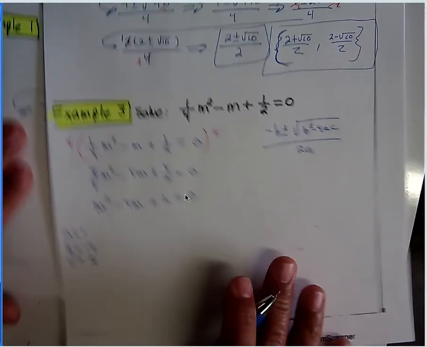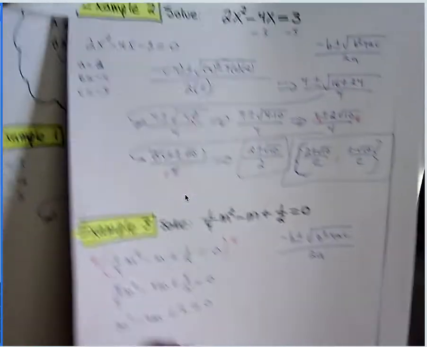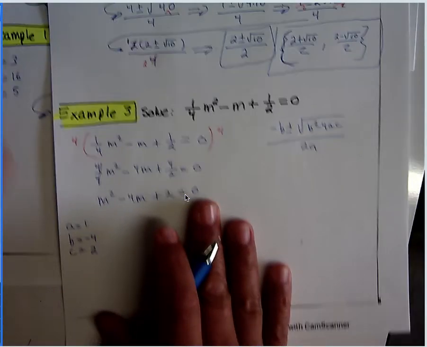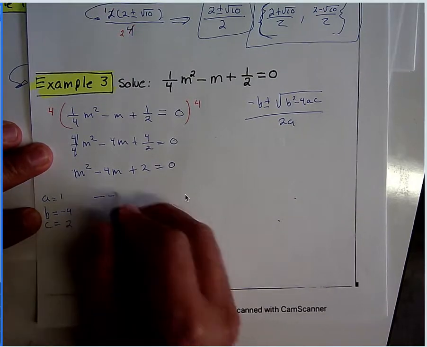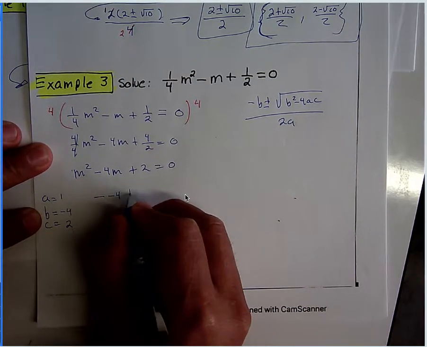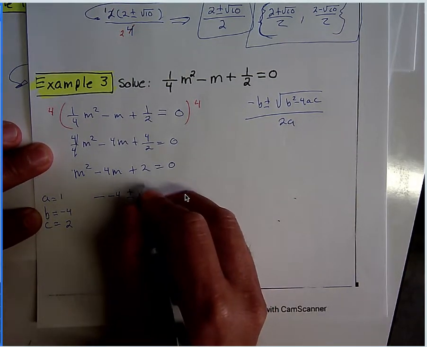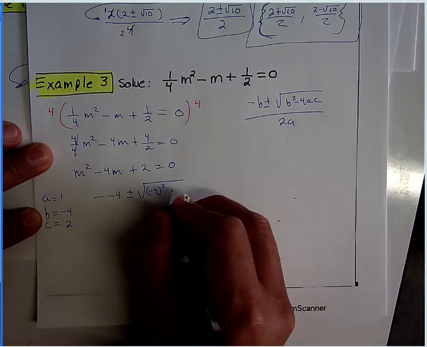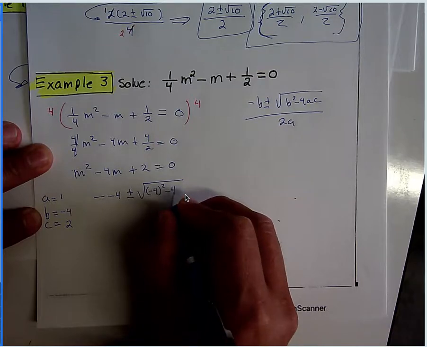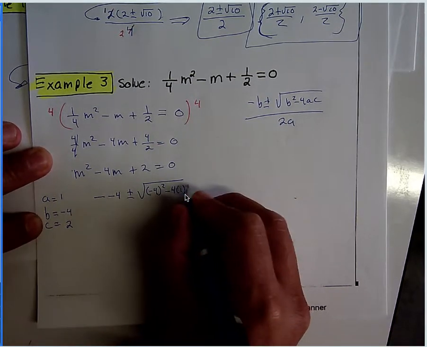So let's put it here. So again, we got a double negative here, negative and -4, plus minus the square root of -4 in parentheses squared minus 4, the A is times 1 and the C is times 2.